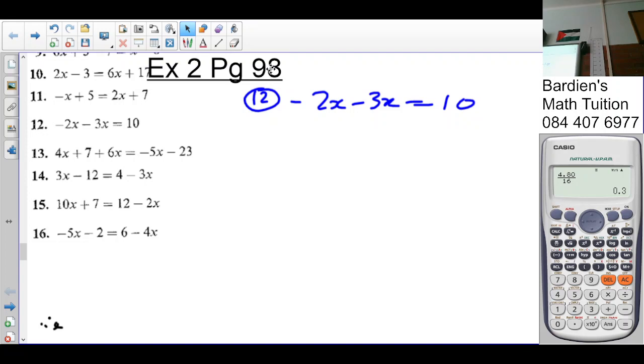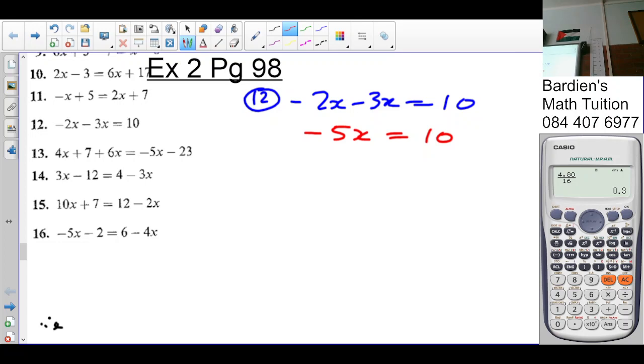So, is the x's on the left hand side here? Yes. Is all the constant on the right hand side? Yes. So now we just need to simplify. What is minus 2x minus 3x? Minus 5x is equal to 10.